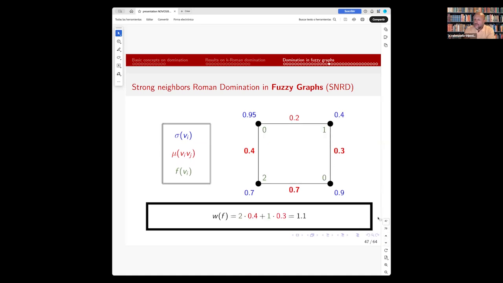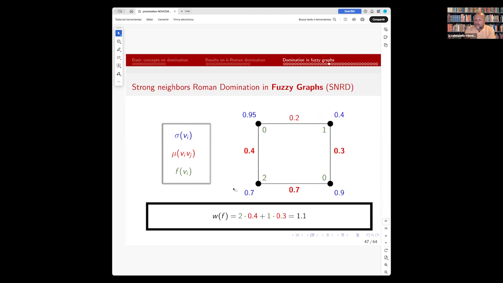Instead, we can consider this other labeling of the graph in which we assign the label 2 to this vertex, 0 to this other vertex here, and for this vertex we assign the label 1. This is a strong neighbor Roman dominating function because every 0 has a strong neighbor with label 2.